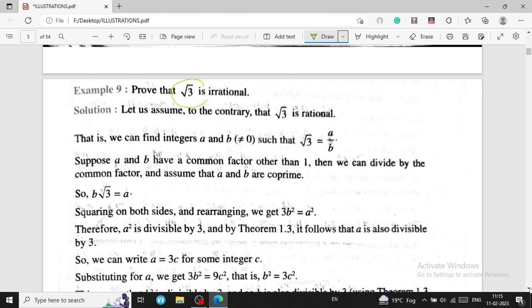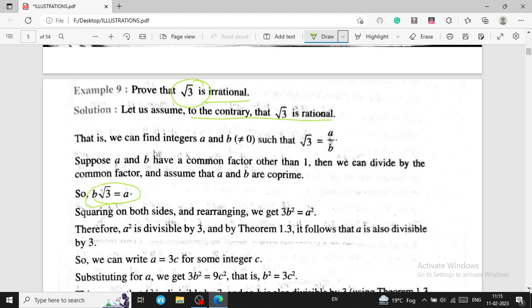Now prove that root 3 is irrational or not. In the same way we have to write all lines the same, only change the statement. Where we write root 2, there we will write root 3. First of all, assume to the contrary that root 3 is rational. Then take root 3 is equal to A by B and cross multiply. Then squaring both sides, we will get this number.